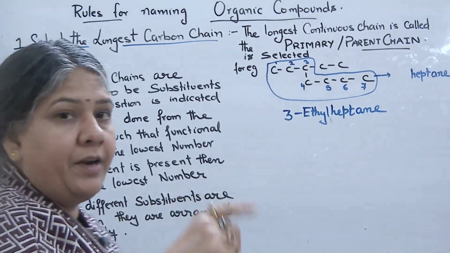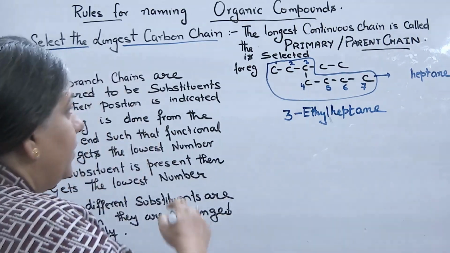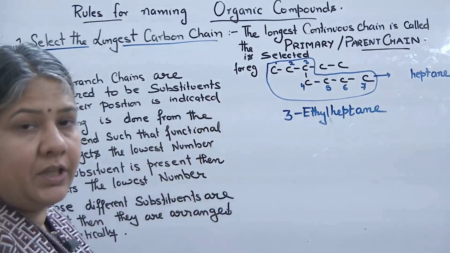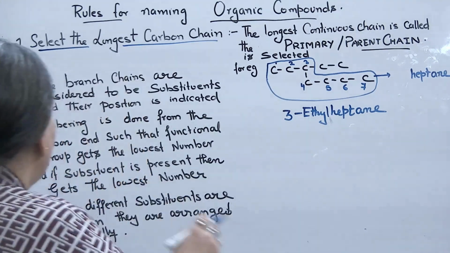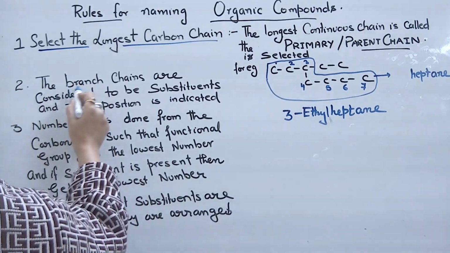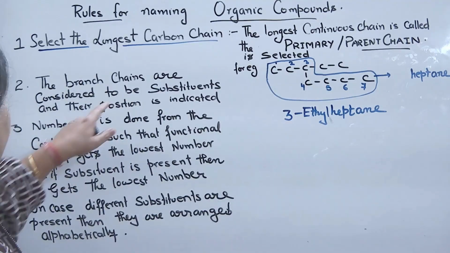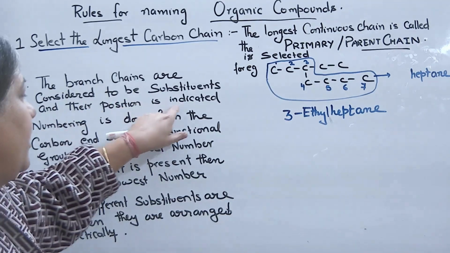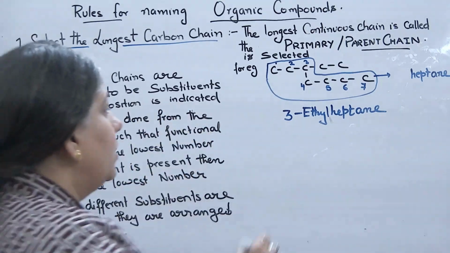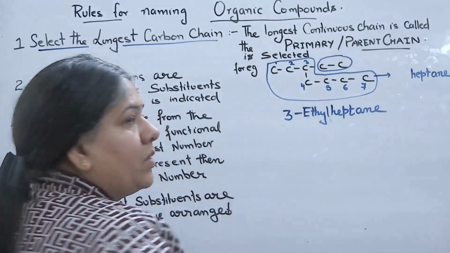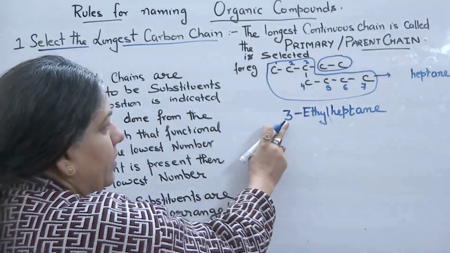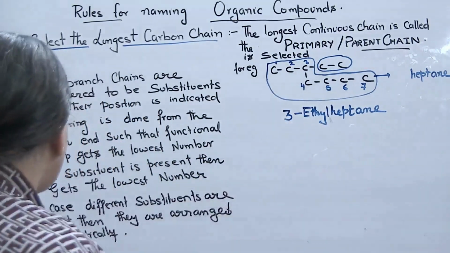So after finding the longest carbon chain, we number it such that the substituent gets the lowest number. Our next point is that branch chains are considered substituents and their position is indicated. So this part was the substituent and it is attached to carbon number 3, so its position is mentioned.